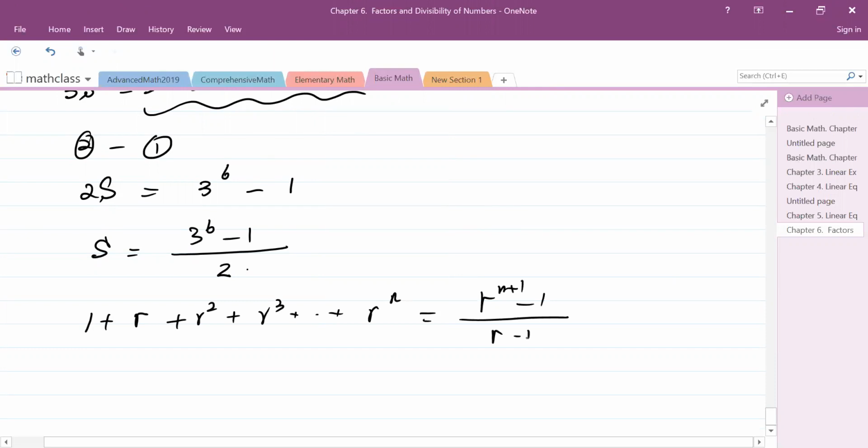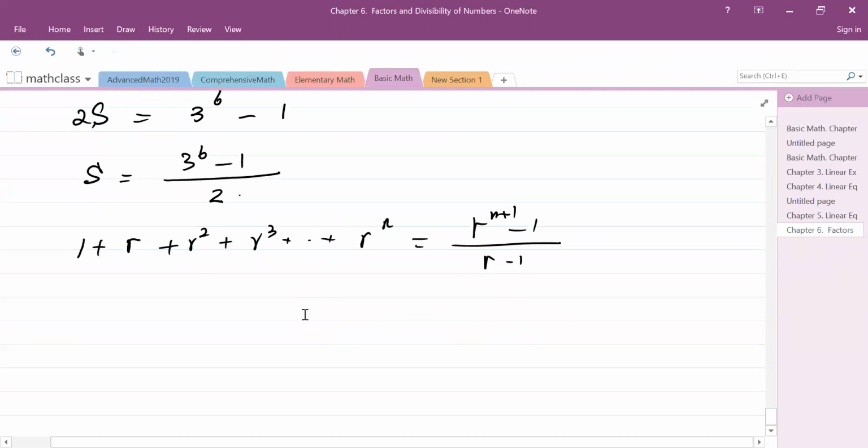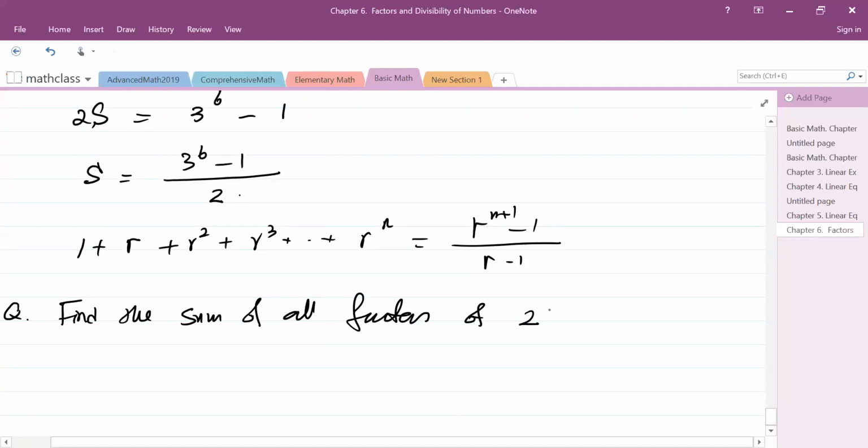Okay. So this is a formula one can use. Let's do the following problem, then finish. Find the sum of all factors of the following number, and that is going to be 24.